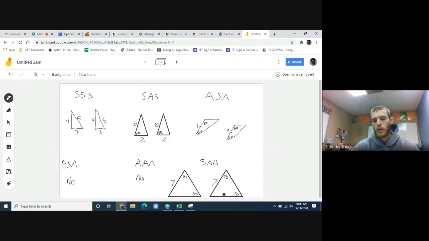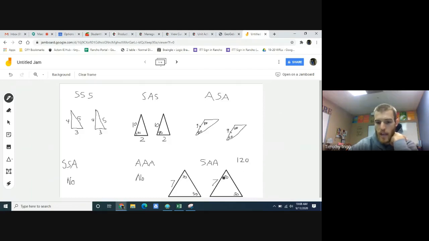Okay. Now, if you recall, in any triangle, if you know two of the angles, you can figure out the third. Because in any triangle, the three angles always add up to 180. So because I know these two angles, that forces me to know this one as well. These two angles together add up to 120.